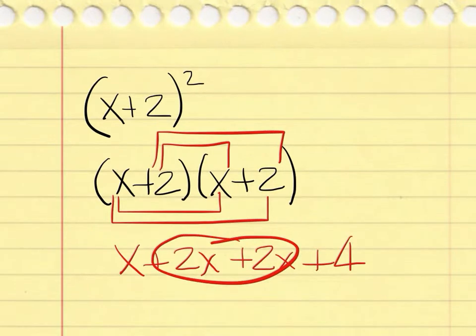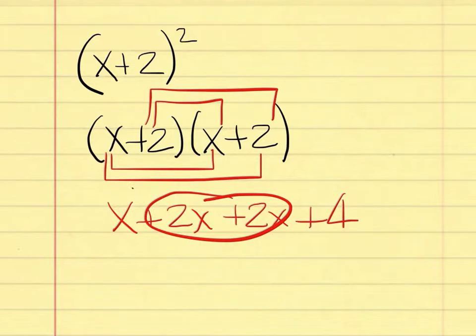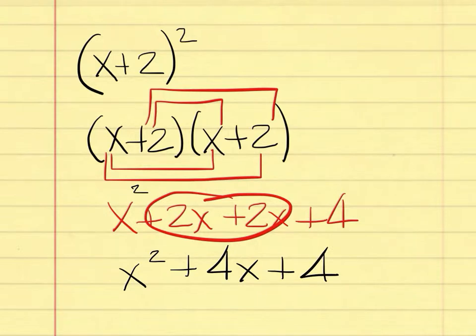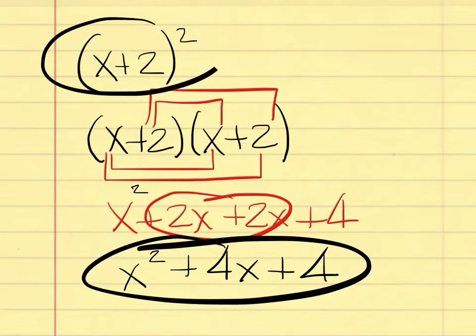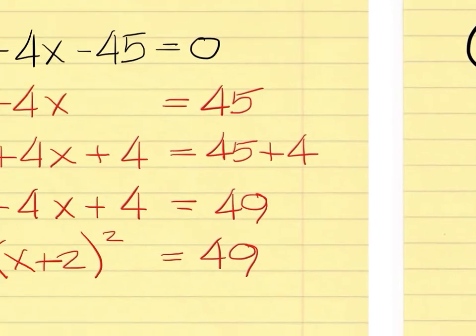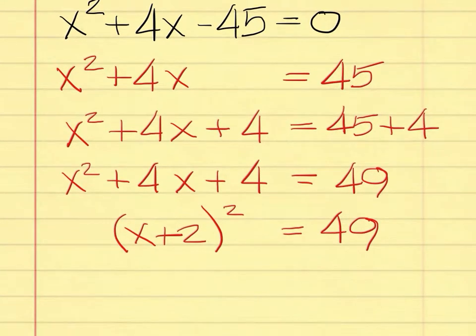Simplify the middle terms, and you come up with x squared plus 4x plus 4. This is a perfect square. There is the square form of that. So that's why this is called completing the square.